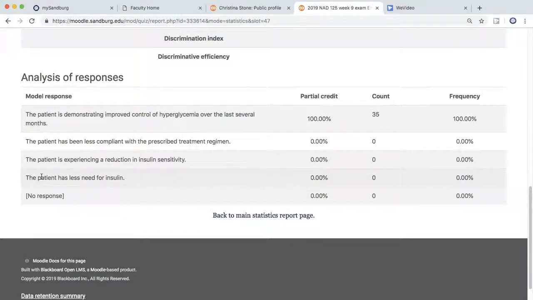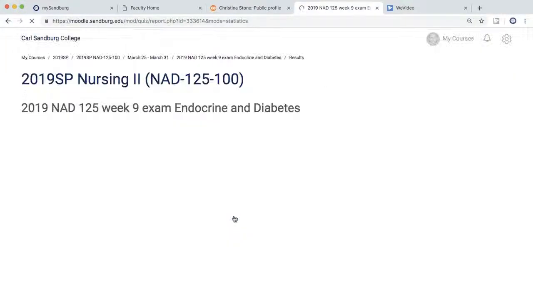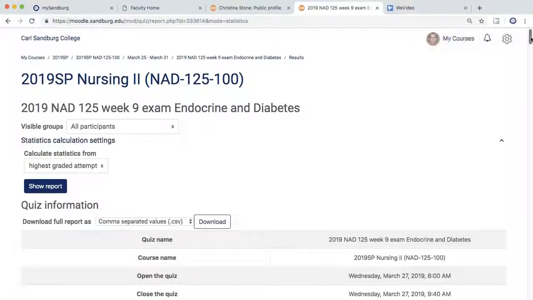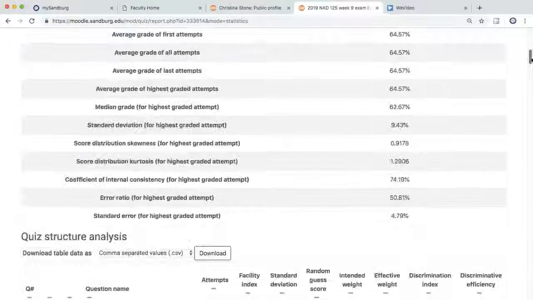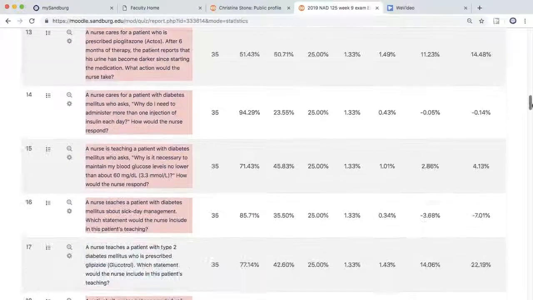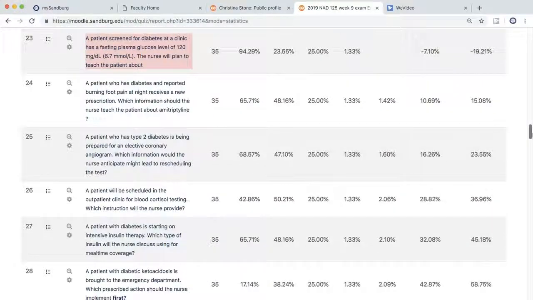I might say something like the patient has more need for insulin in one of these to try to trip them up there. But honestly, I'm pretty happy that they understand the concept, so I probably will just leave it alone. And I'll evaluate next year to say, okay, well, this year's students got 100% on it. What are the stats for next year?